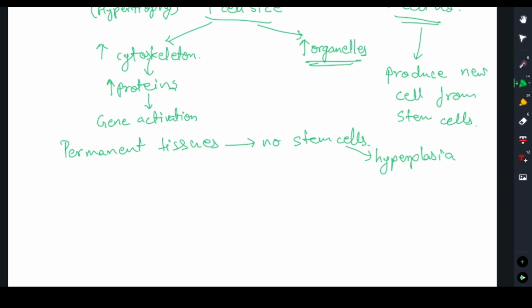Hence, permanent tissues will undergo hypertrophy only when required. Usually these two processes occur together, but in permanent tissues, hyperplasia is not possible. Hence, hypertrophy is the only way to counteract this increased stress.